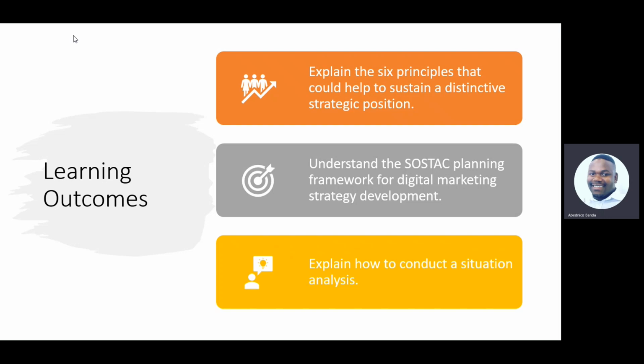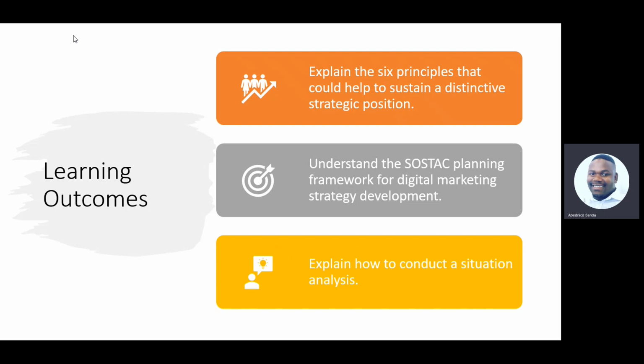We are going to talk about SMART objectives, where S stands for something, M stands for something, A stands for something, R stands for something, and T stands for something. And today we are going to be discussing SOSTAC, where S stands for something, O stands for something, S stands for something, T stands for something, A stands for something, and C stands for something.